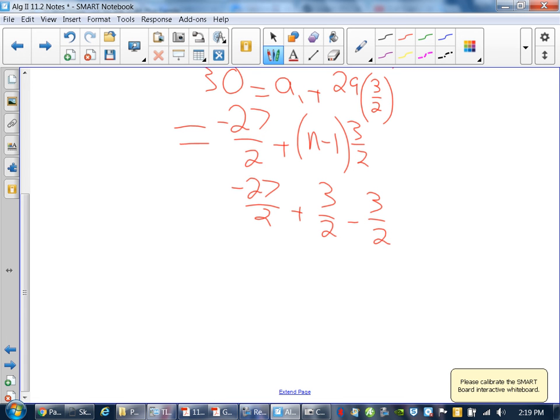So does that give me a general rule? I found my first term was negative 27 over 2. And I'm resubstituting that back in to write the rule for the nth term. So I put back my difference in. I'm just going to solve it for n, so that my nth rule would be 3 halves n minus 15, right?